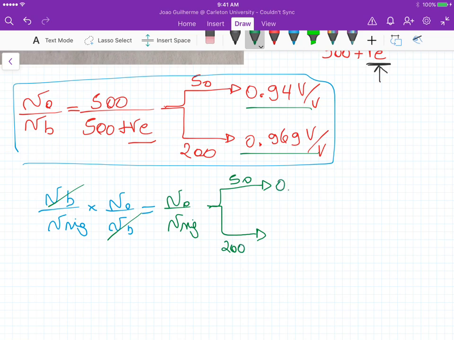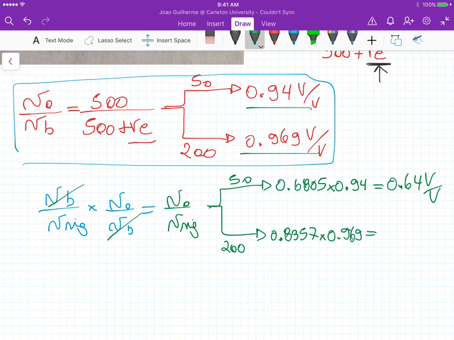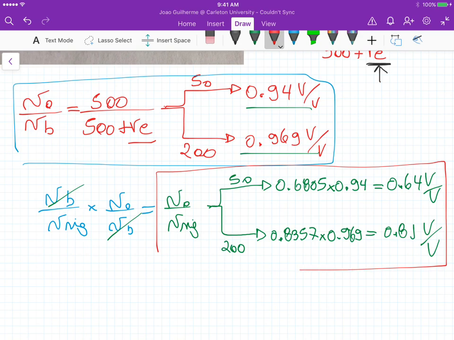So this one here is equal to 0.6805 times 0.94, which is 0.64 volt per volt. And the second one is 0.8357 times 0.969, and that's 0.81 volt per volt. So that's the final answer for part C, especially this one and that one. Okay.